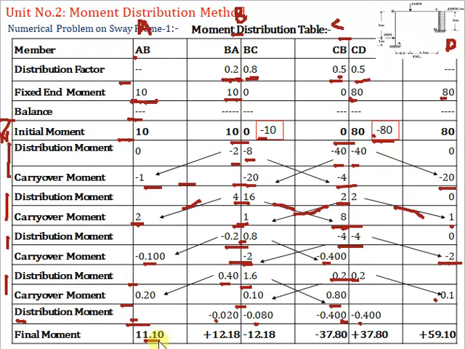We have final moment 11.10, then plus 12.18 for joint B, at joint C 37.80, and for joint D the value comes out 59.10. So to get it, you have to add all the values from the initial moment up to the distribution moment. Consider their signs, and add all the values to come up with the final moment.